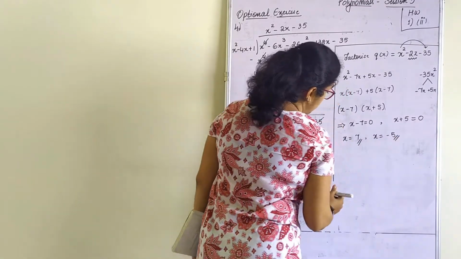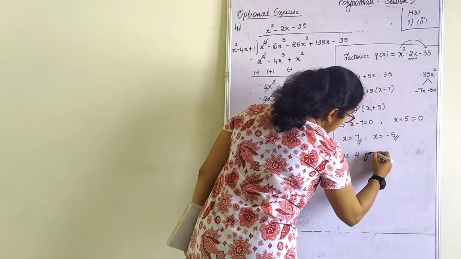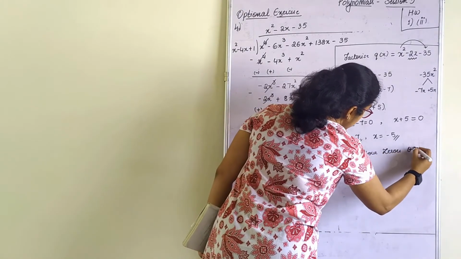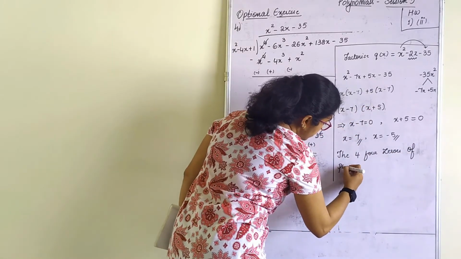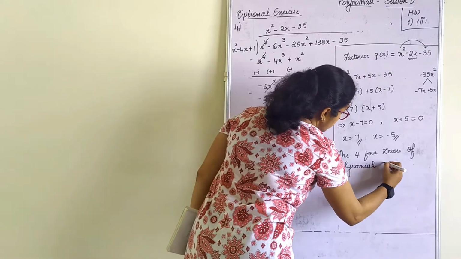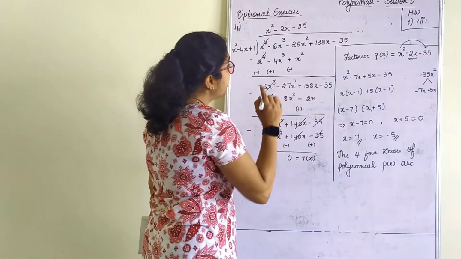Give the conclusion. The 4 zeros of polynomial p of x are, first write the ones which they have given.